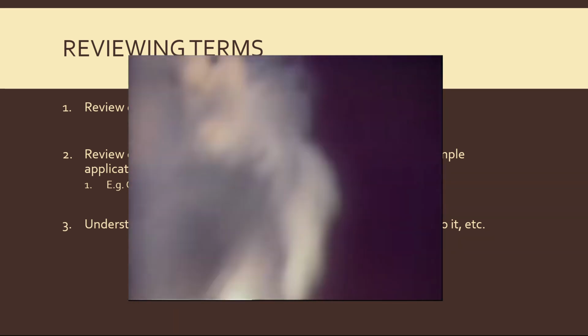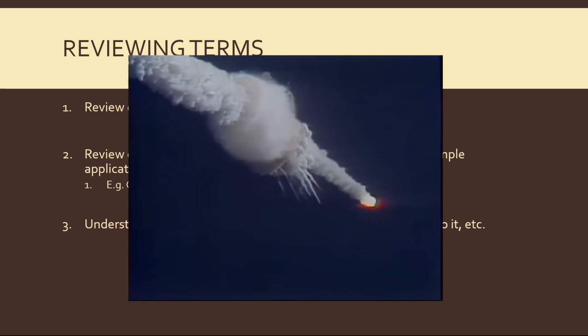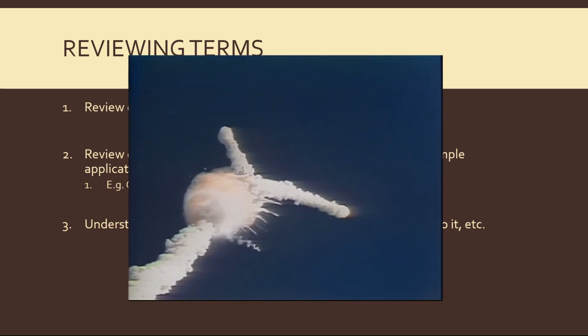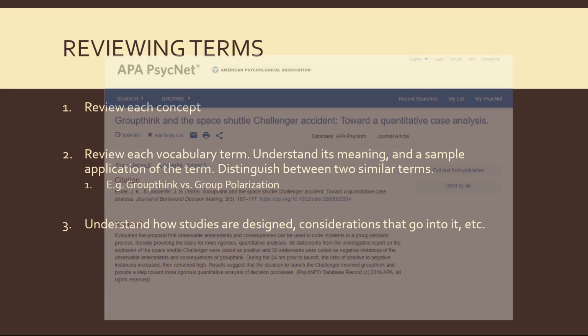There was a meeting before the launch over whether the launch should go ahead because the temperature was too cold. The temperature was too cold, and some of the O-rings, some of the parts of the shuttle, were not designed to handle that. So people met, and essentially nobody really wanted to cancel the shuttle. Nobody wanted to be the guy who said, we should cancel this, and take the blame for it.